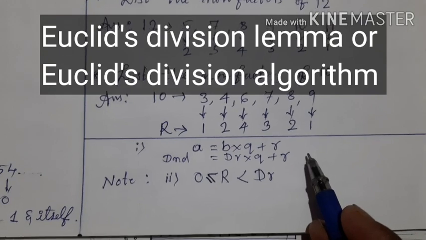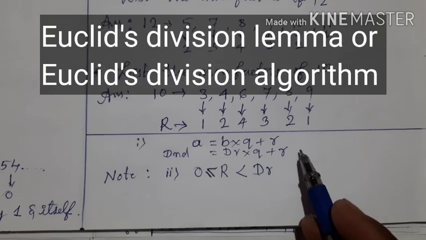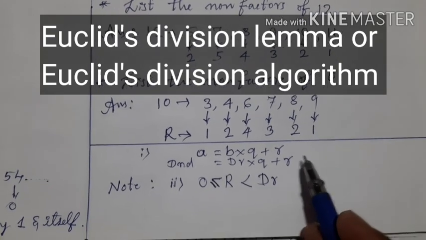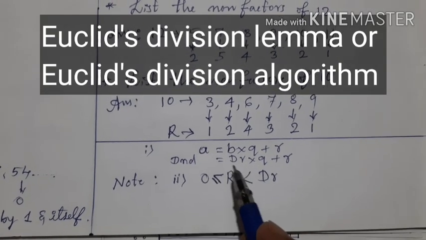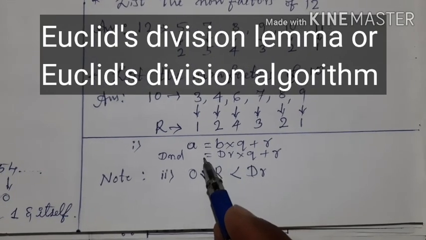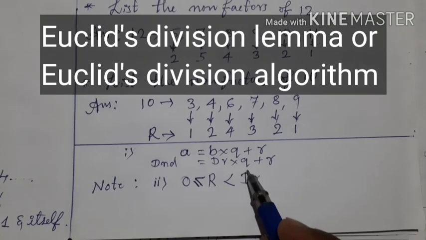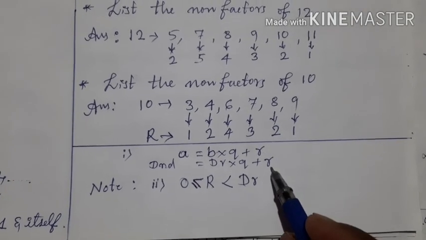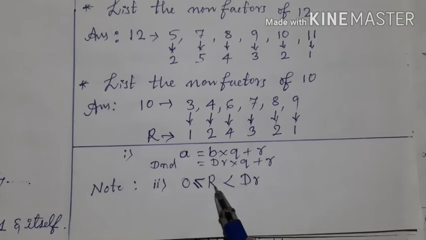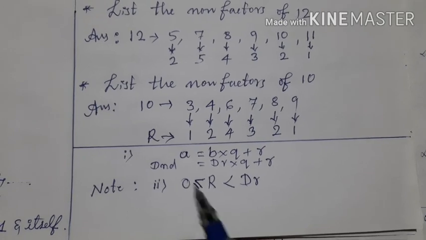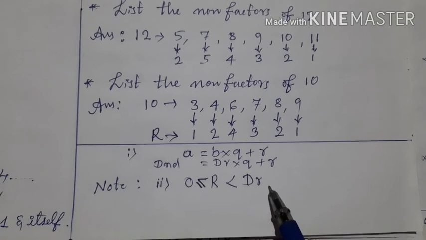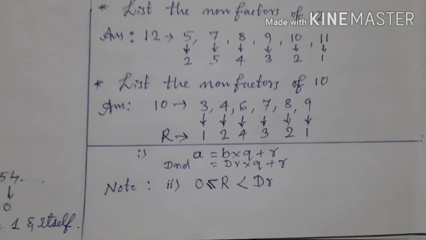So ultimately we can conclude that whether the division is complete division or incomplete division, we always get A is equal to B into Q plus R, where A is the dividend, B is the divisor, Q is the quotient, and R is the remainder. And for any division, the remainder is either greater than 0 or equal to 0, but the remainder is always less than the divisor. Did you learn it? Thank you.